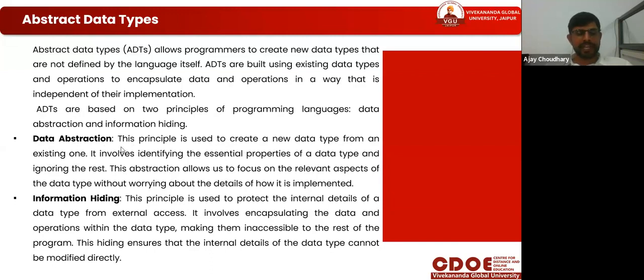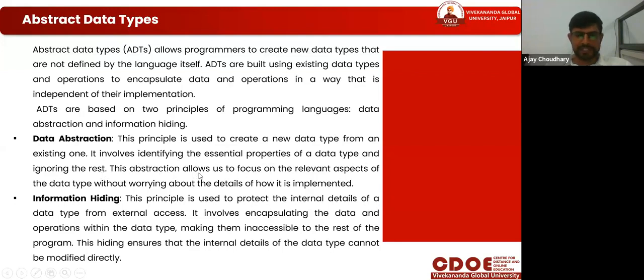So it has a different meaning and it is accurate with the help of abstract data types. It involves identifying the essential properties of a data type and ignoring the rest. So that means it only defines the essential properties; the rest of the program is hidden from that side.